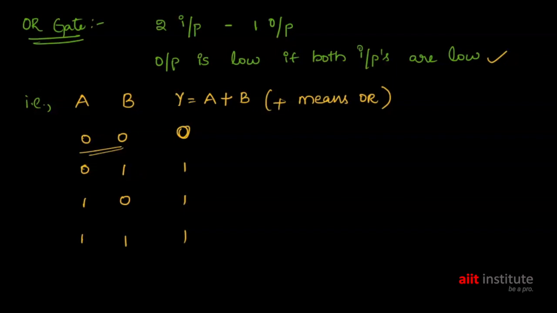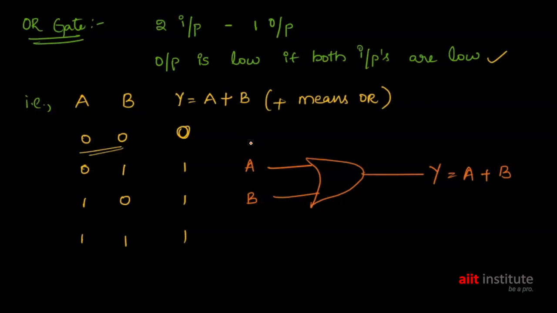The representation of OR gate can be given as 2 inputs, and it will look like this, and this will be the output Y. So here is our A and B inputs, and this will be our Y, where Y is equal to A or B. Okay, so this is how an OR gate can be realized.